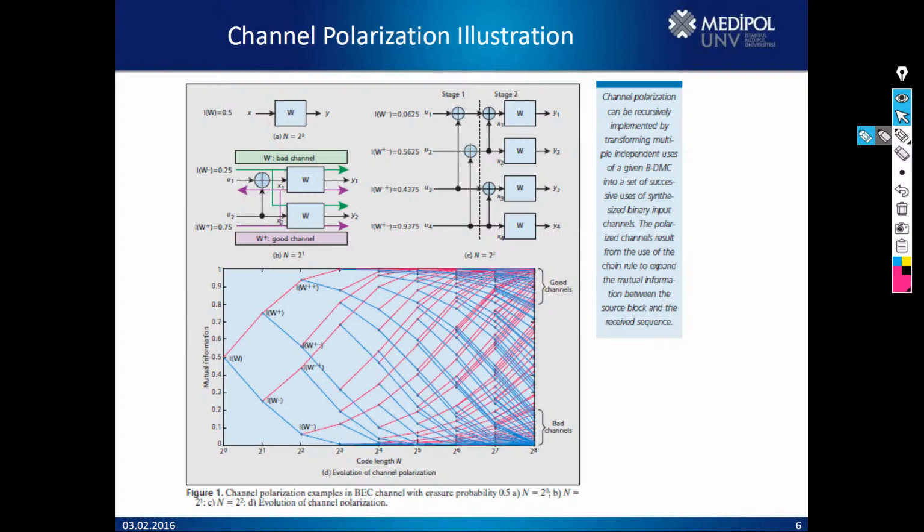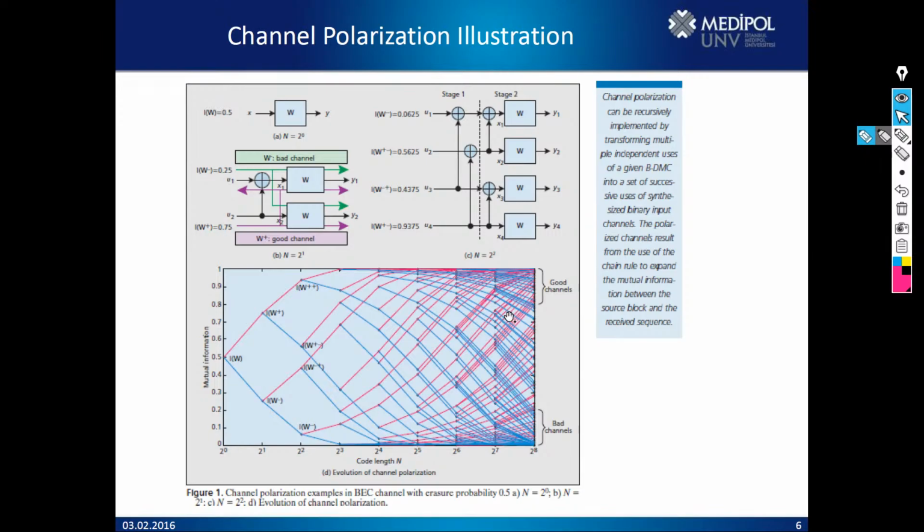Let's say you have a code length of 16 bits, so you keep making branches from the main design SNR until you have 16 leaves, 16 output points, and you classify them into good and bad based on their output values.